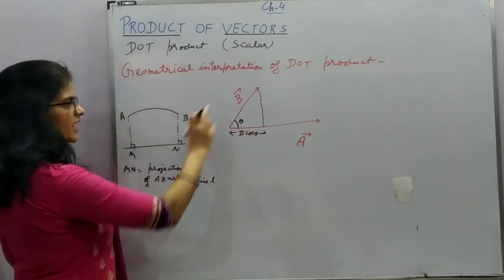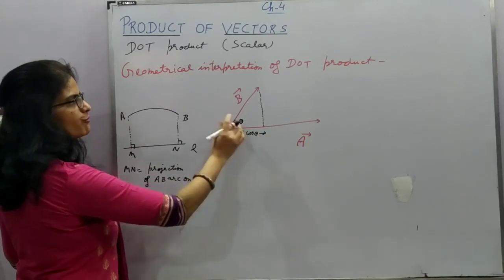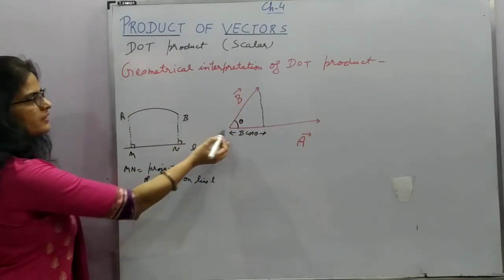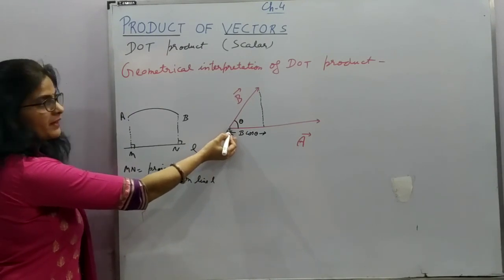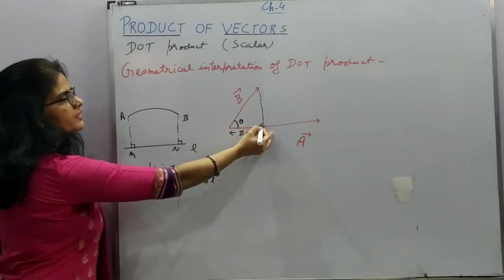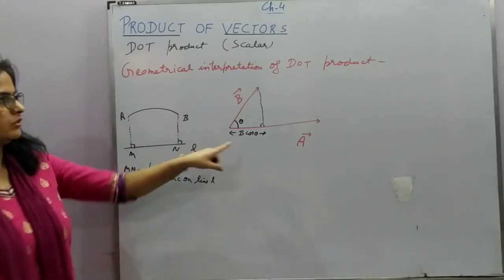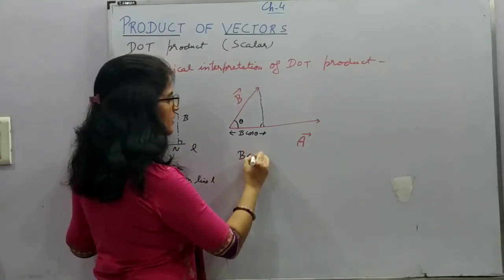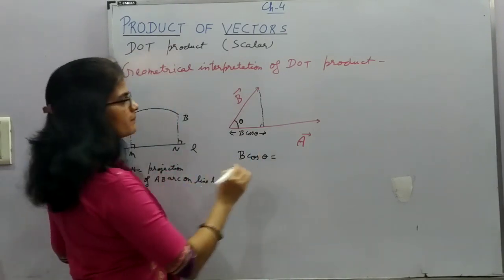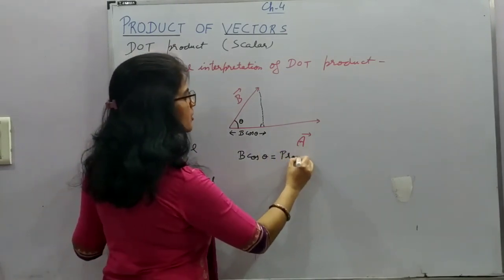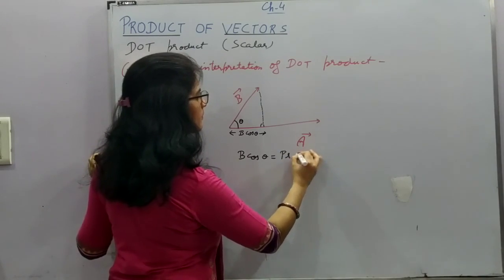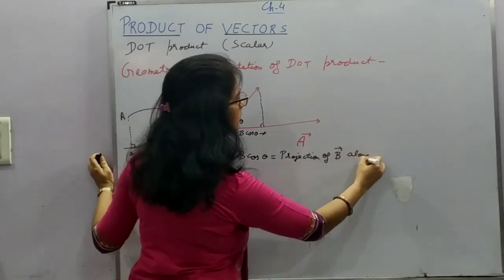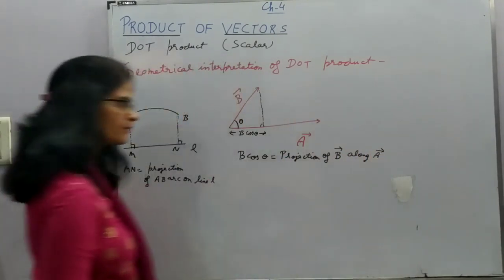B cos theta can be called the projection of B vector along A direction, because this point is here, so its perpendicular will be here, and this part is B cos theta. So B cos theta is the projection of B vector along A vector.